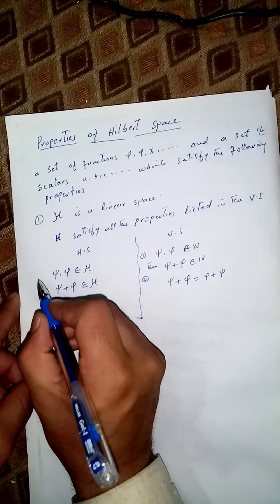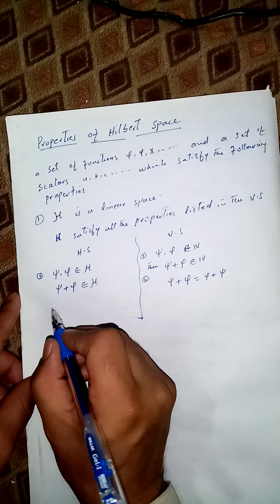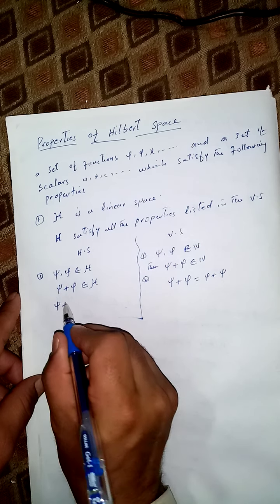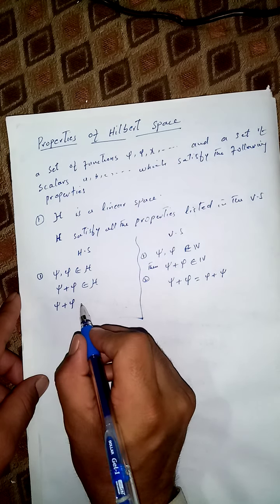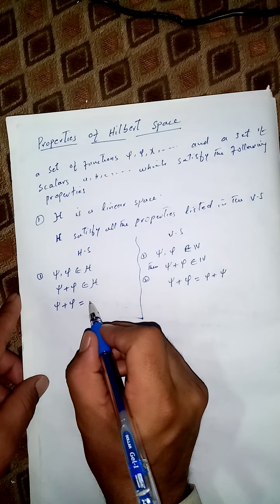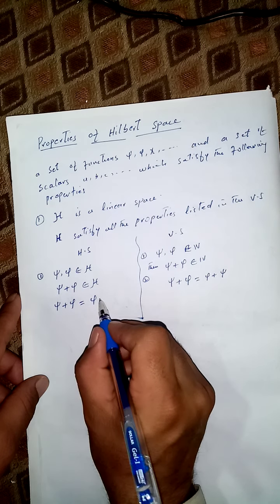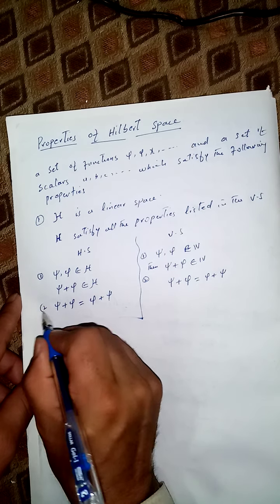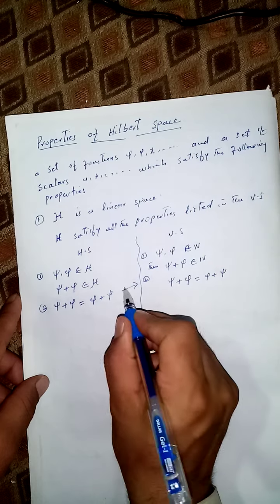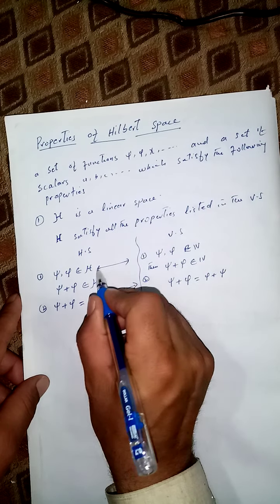The same is true for Hilbert space. Two functions psi plus phi are equal to phi plus psi. These are the comparison between vector space and Hilbert space.